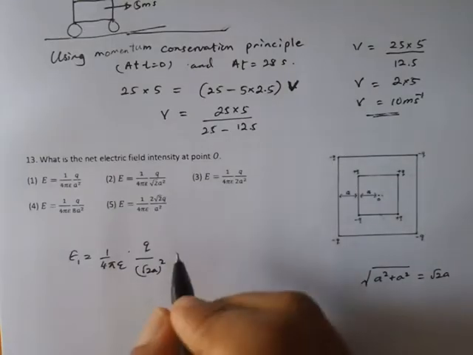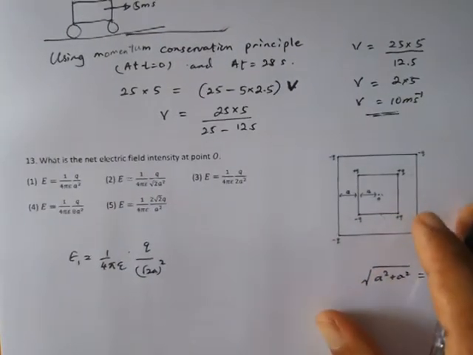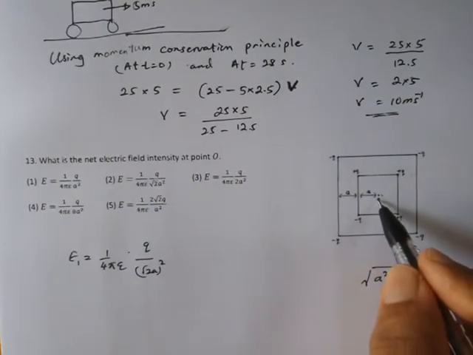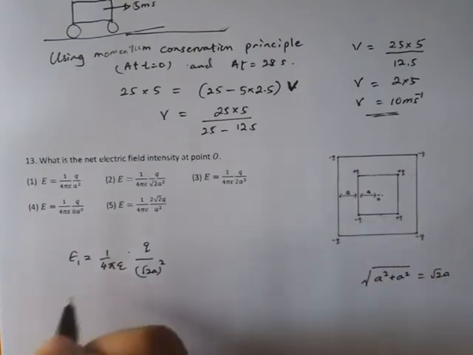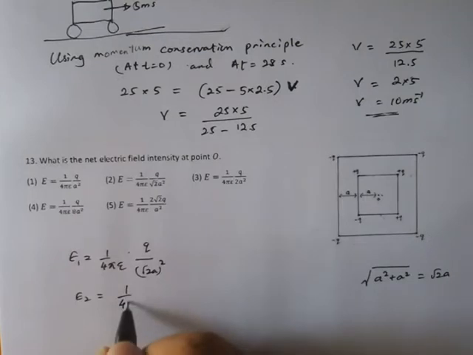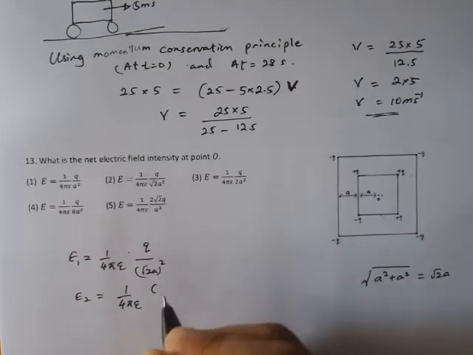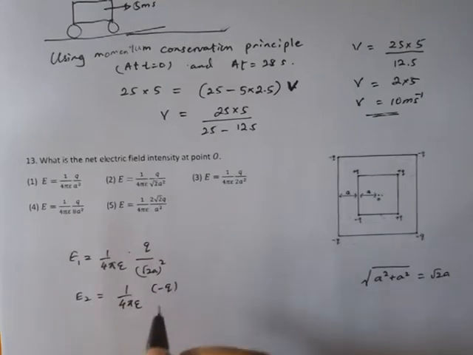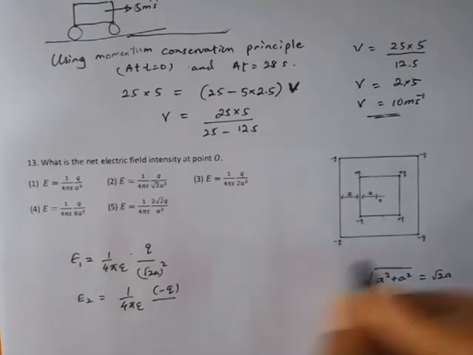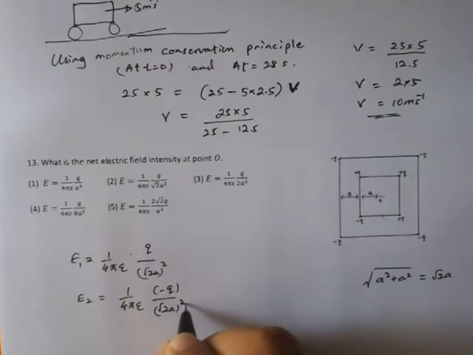This is E1, and I can now write electric field due to this one. If I consider E2, that is 1 over 4 pi epsilon, minus q over, here the distance is also root 2a squared.